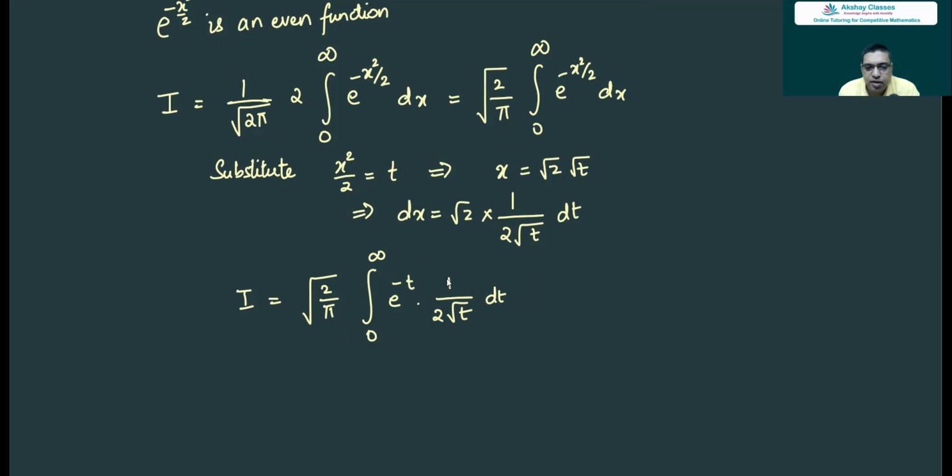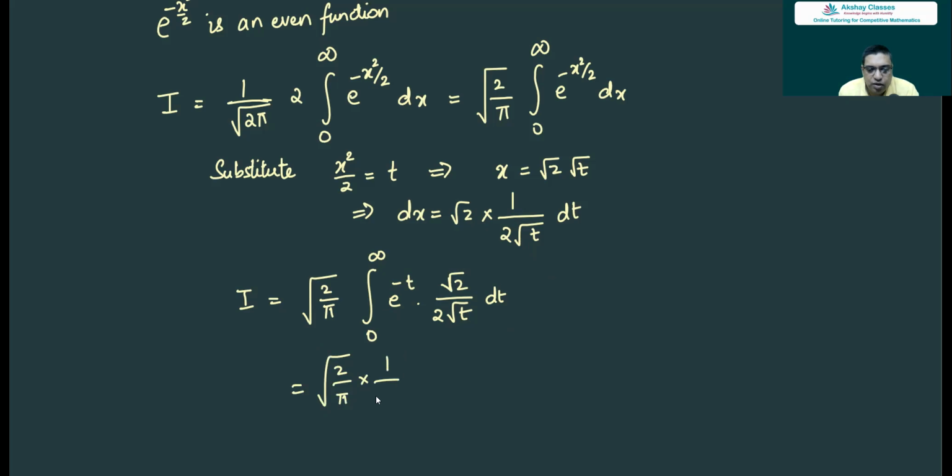Multiplied by root 2, I'm sorry. Root 2 times 1 upon 2 root t. So now this we get as under root 2 by pi.